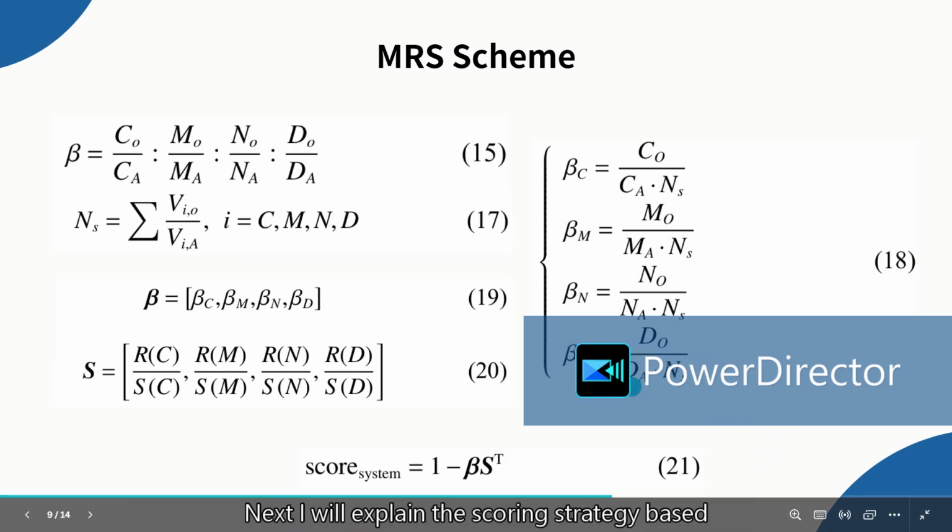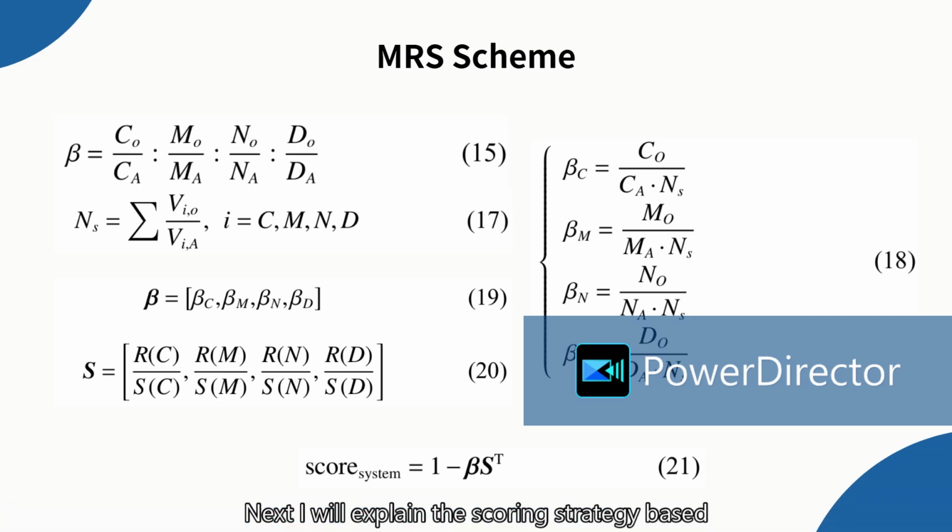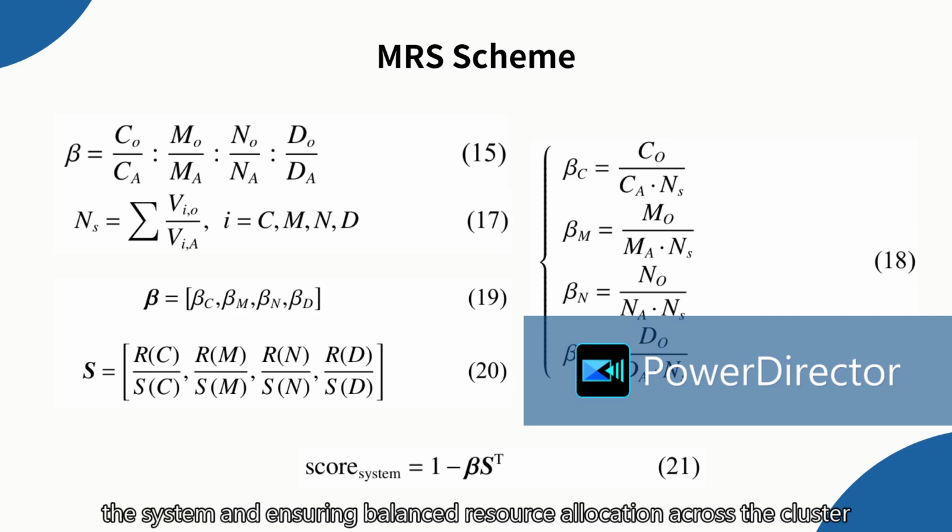Next, I will explain the scoring strategy based on system performance in the MRS scheme. This part of the scoring process focuses on evaluating the overall performance of the system and ensuring balanced resource allocation across the cluster.